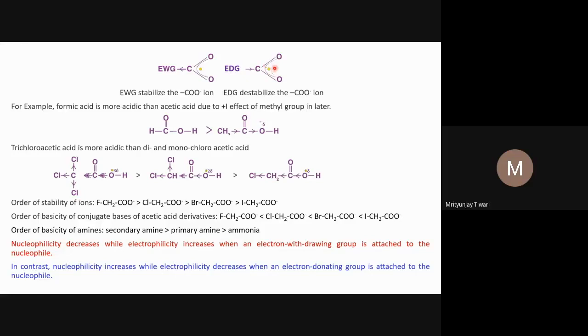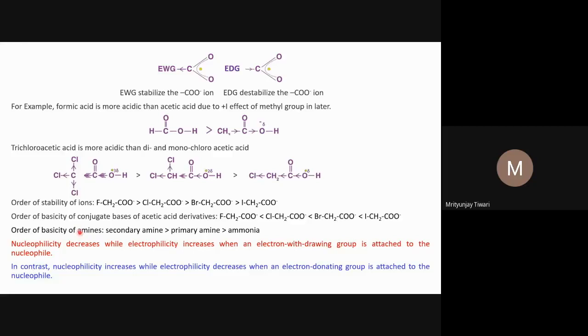This is the conjugate base with the negative charge, and if an electron donating group is there, it will increase the electron density here, and increasing electron density means the charge is intensified and the system will become unstable. There are some other examples too, and we have also seen the effect of electron donating and electron withdrawing groups on basicity.